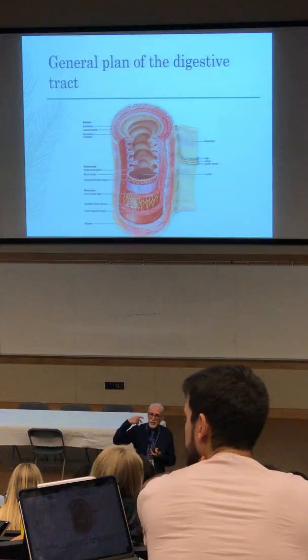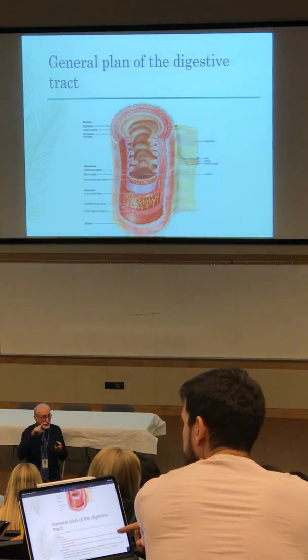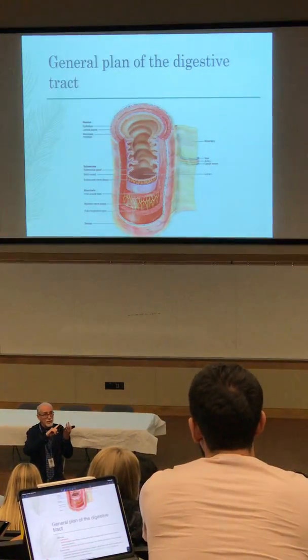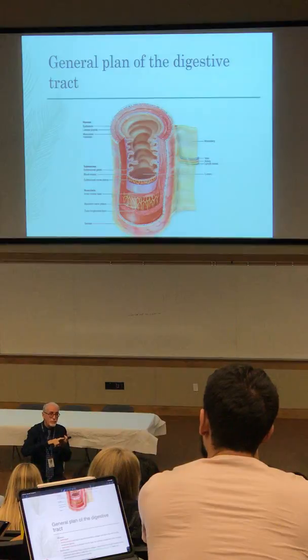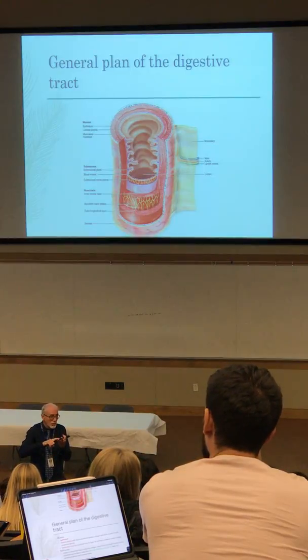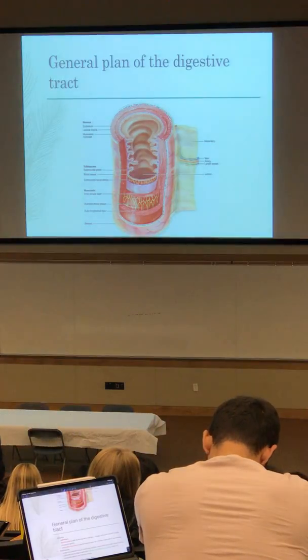You don't need to write it down. It'll be on one of the slides coming up. So mucosa, remember I just got through saying it was 2 layers, epithelium and connective tissue. In the digestive tract, it's 3 layers, epithelium, connective tissue, and then a layer of muscle. Okay, so remember that, muscularis mucosae.